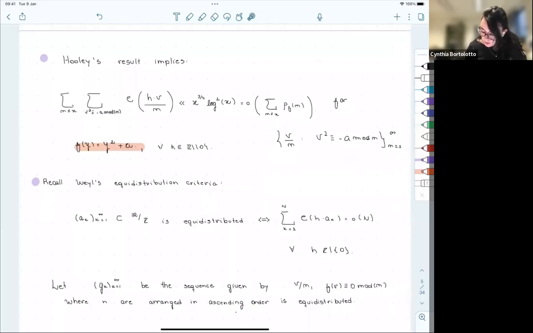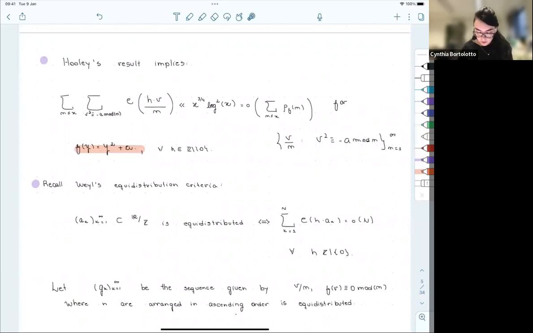And just to be clear, when we fix n, we can have several roots. So the way we do it, we consider the sequence where n is in ascending order. And here we can put the roots in any order we want. It doesn't make a difference. So with Weyl's criterion and Hooley's result, we can conclude that.